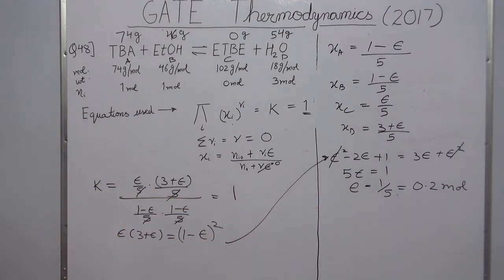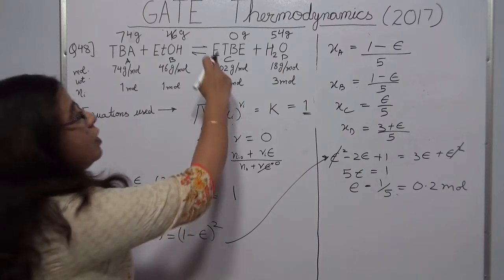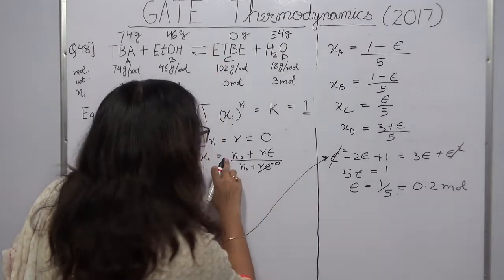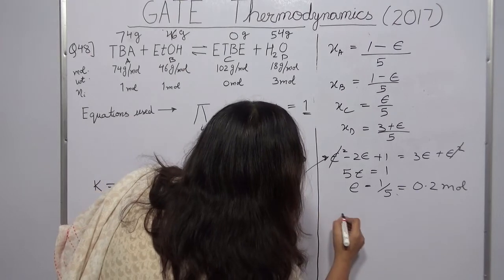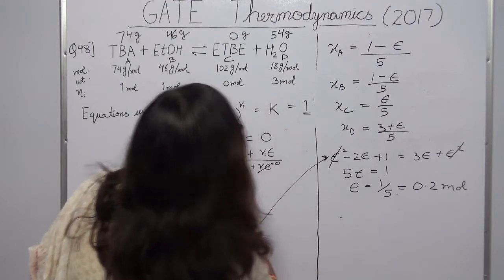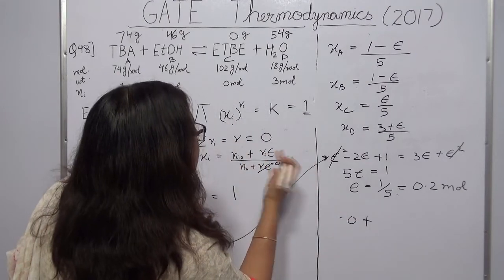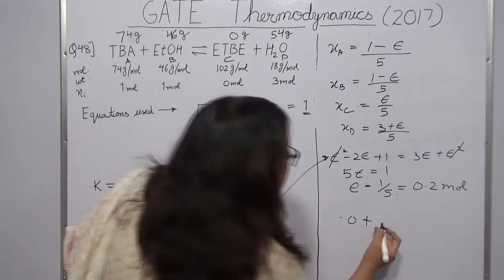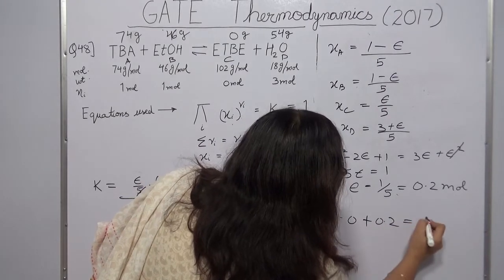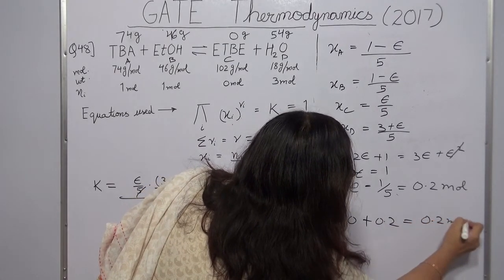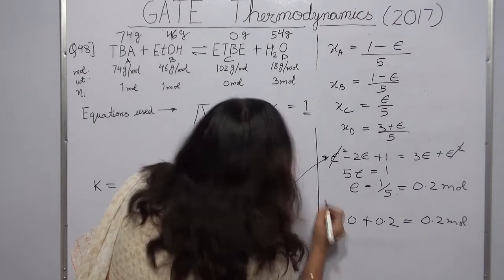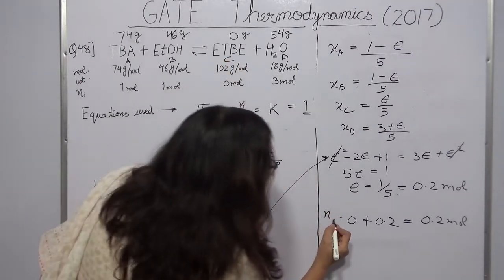Now you have to find out how many moles have been formed. So for ETBE, the number of moles formed will be equal to, I am going to directly write, initial number of moles 0 plus nu i, that is 1, multiplied by 0.2, that is equal to 0.2 moles formed. So this is the number of moles of ETBE, so I will just write nC.